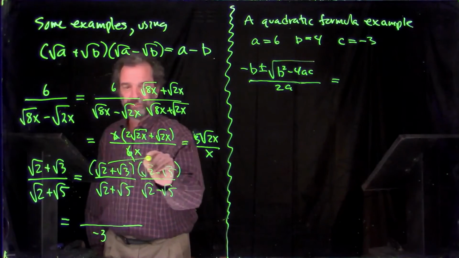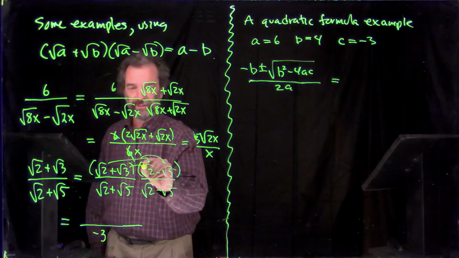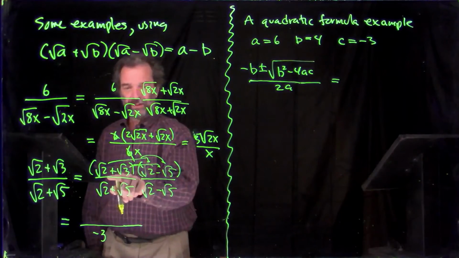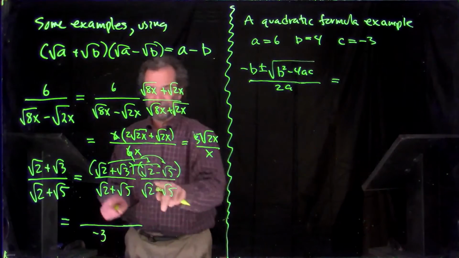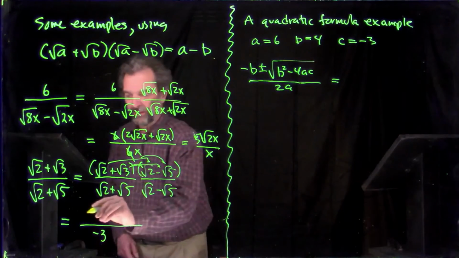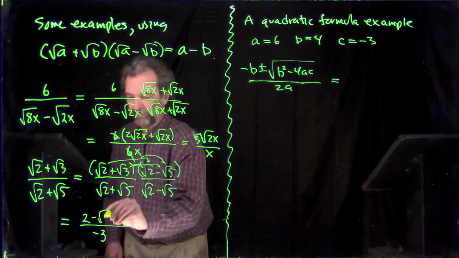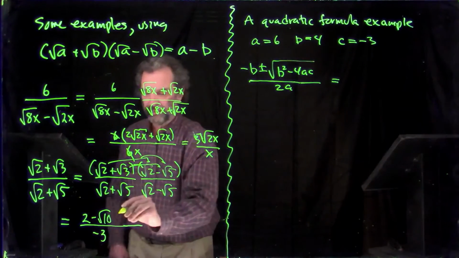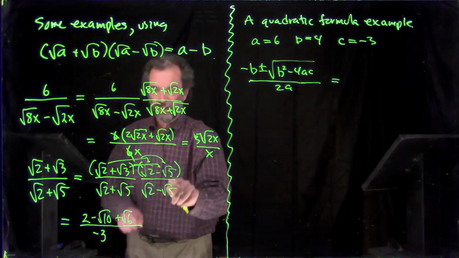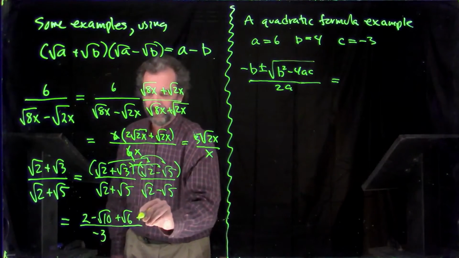So here we go. I have to do that, I have to do that, I have to do that, I have to do that. So we'll do the FOIL method. The first gives me a 2. The outside gives me a minus root 10. The inside gives me a root 6. And the last gives me a root 15.